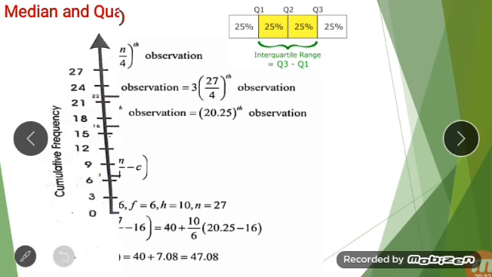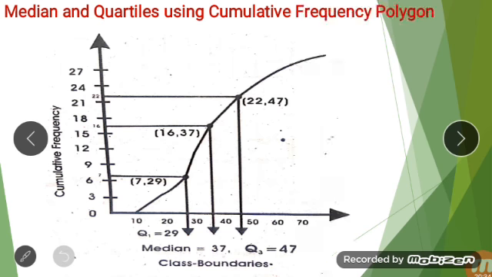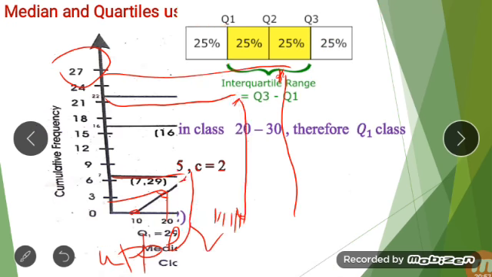Now when we look at this on the graph, against the class 40 to 50 we have the cumulative frequency 22. So from 22 we draw a horizontal line, then drop a vertical line, and we can say that it will be Q3, which is 47.